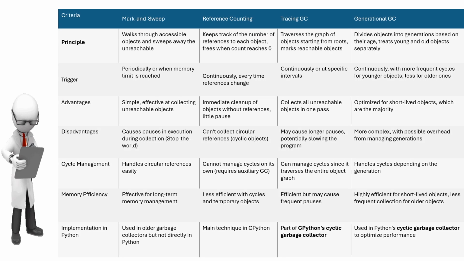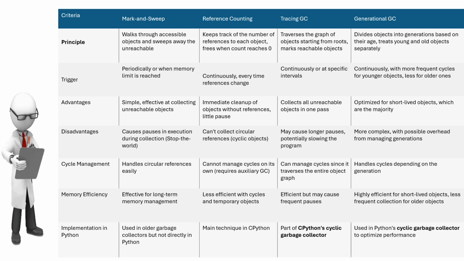Now that we have covered each garbage collection method, let's compare them quickly. First, mark and sweep is a classic technique that marks reachable objects and removes the rest. It's simple, but can pause program execution.